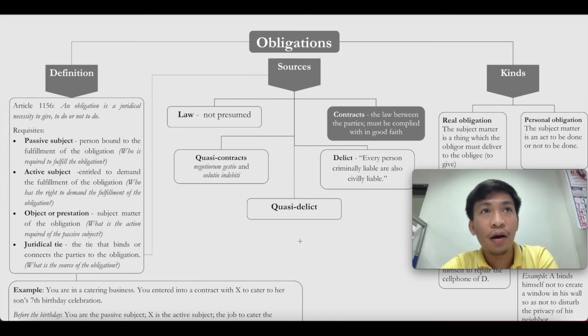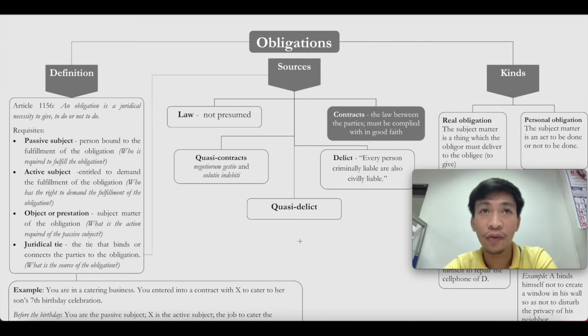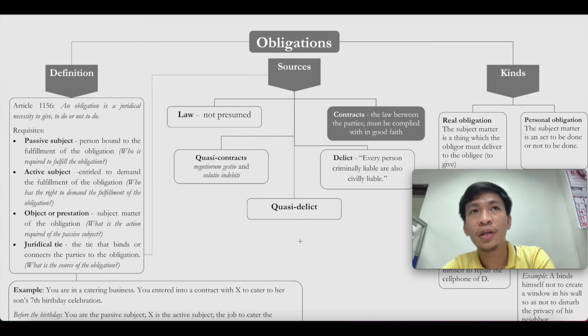Now, kung titignan natin itong rule on quasi-contract, simple lang ang rason dito. Why this is a source of obligation. So negotiorum gestio, if they administered your property or your affairs, you need to pay them. Sa solutio indebiti, if you receive a mistaken payment, you need to return it. The principle here sa quasi-contracts is that no one must be unjustly enriched.